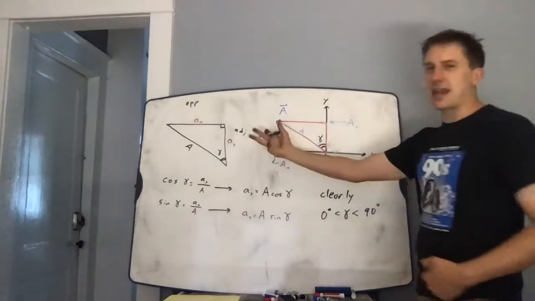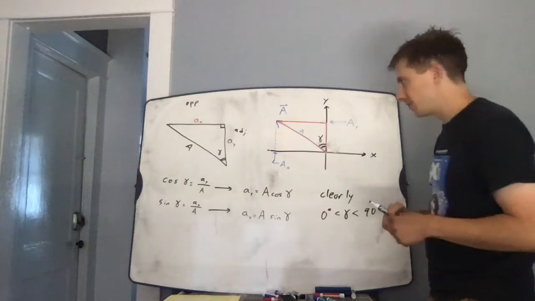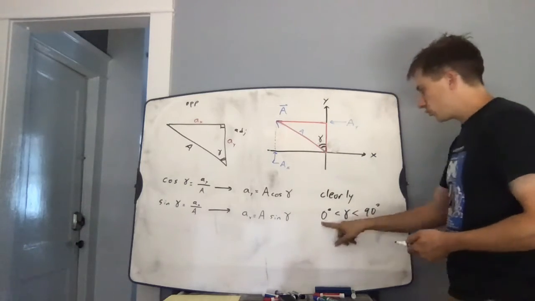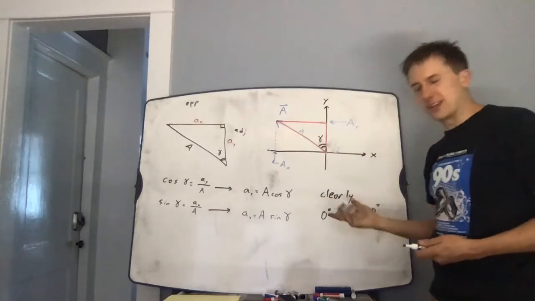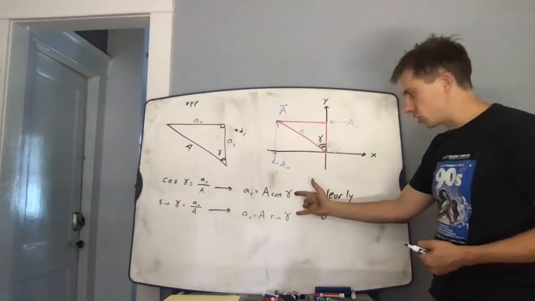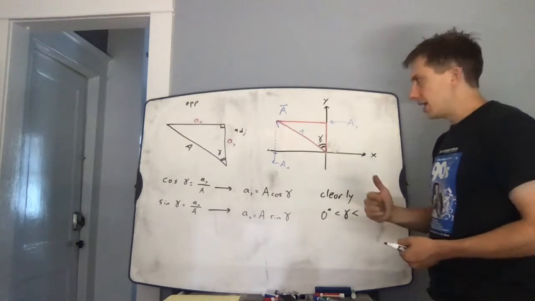What is gamma exactly? It's not important for the purpose of this discussion. If gamma is between 0 and 90, ax and ay, when I'm determining them with the calculation, will always be a positive number.